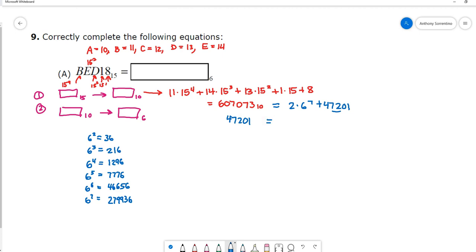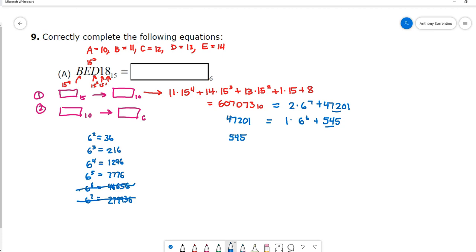and I took care of this one. We'll see how many times that 6 to the 6th goes in there. Well, I can tell just by the fact that they're very close together, it's going to go in once. So that equals 1 times 6 to the 6th plus 545. Now I take this and come over here.